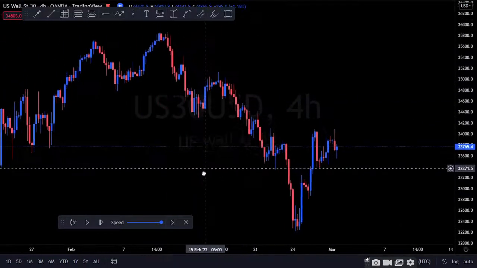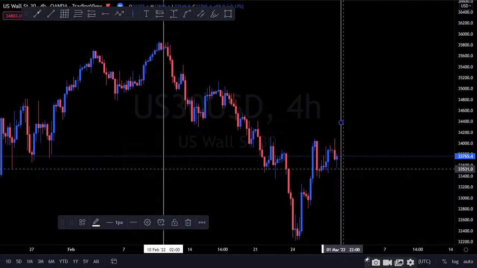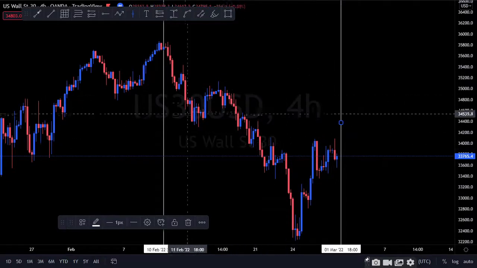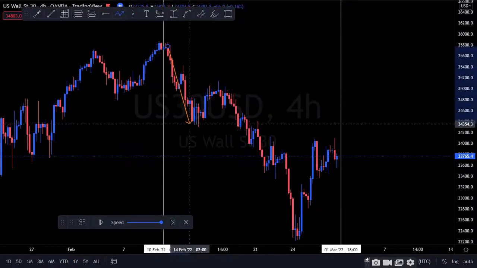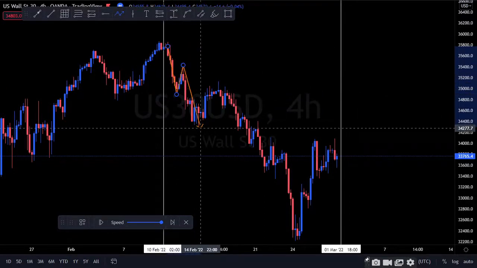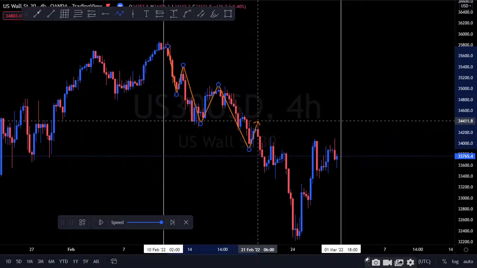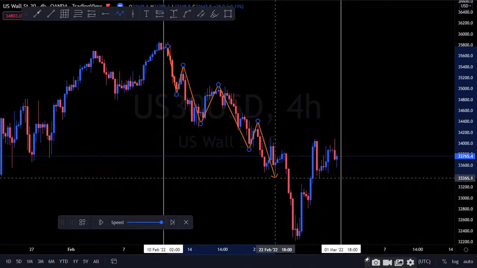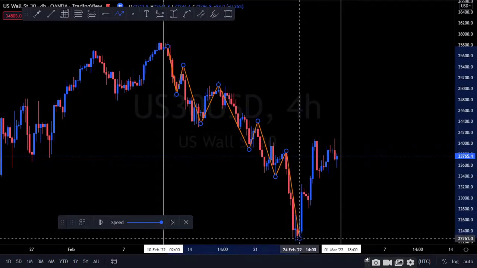So here, let's start from this area. You can see clear bearish here to here. If you draw the market structure, you can see that we have expansion here, a small retracement, expansion, then retracement, another expansion, retracement, and then expansion. You get it?